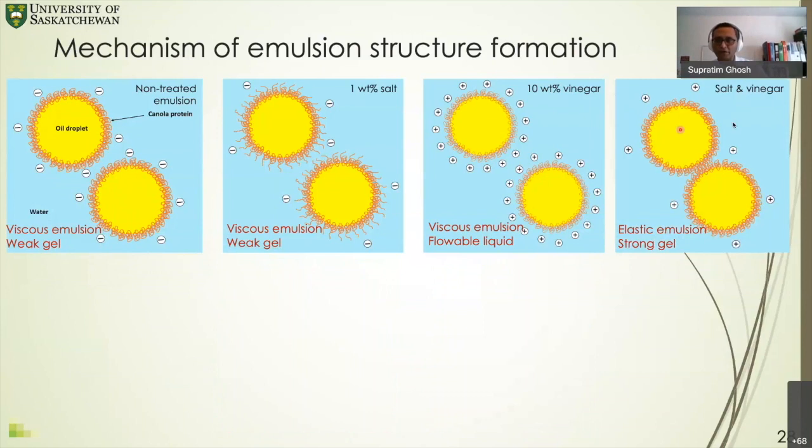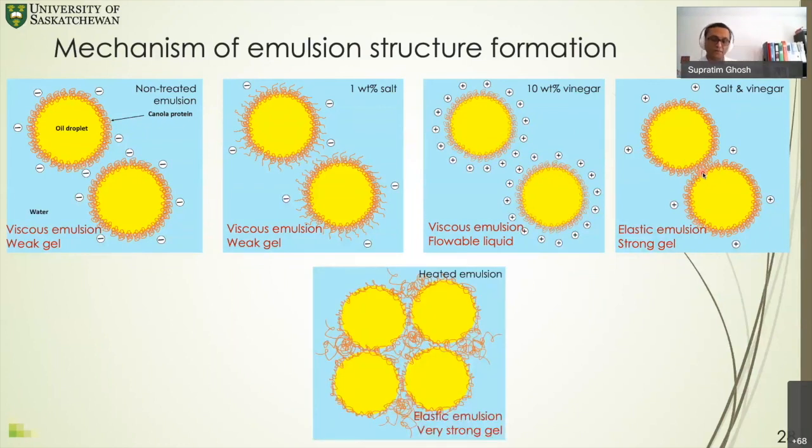When you have both salt and vinegar, then they are aggregated, because of the acid-induced protein hydrophobicity and salt-induced charge screening. And when you have heated emulsion, now the protein denatures at the surface and forms the gel, and the droplet now takes part in the gelation. So that's our research on canola protein.